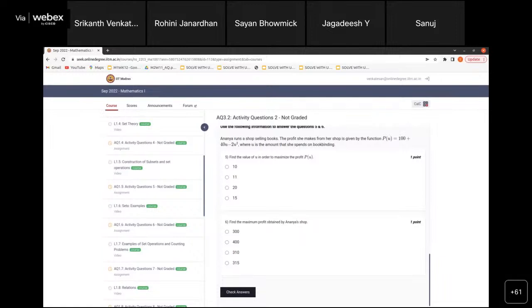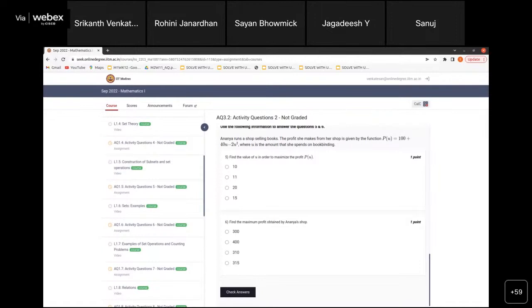Correct. So if we ask you the maximum value or minimum value, you have to find the y coordinate of the vertex point. But if we are asking where the maximum occurs, or in order to get the maximum, what should be the value of u or what should be the value of x, you have to give us the x coordinate of the vertex point. We have given you the quadratic equation now.